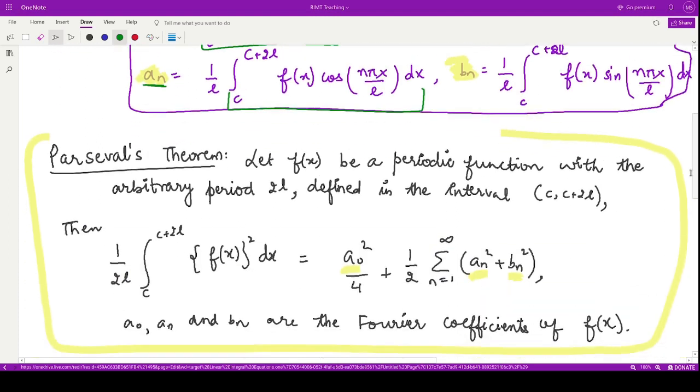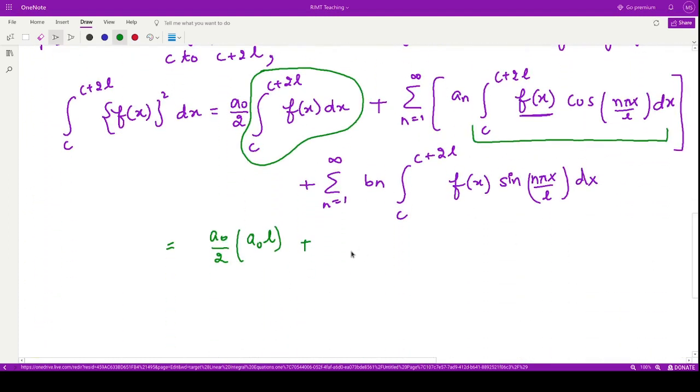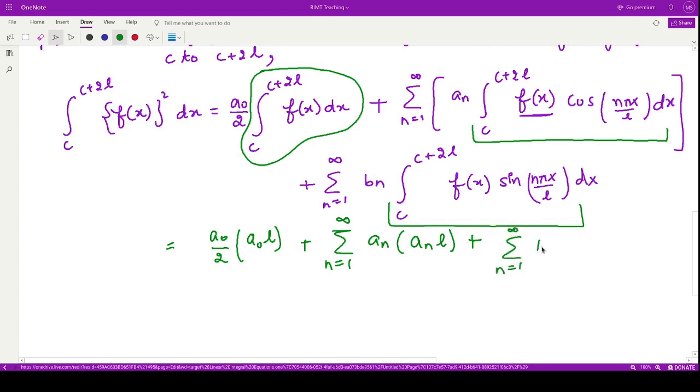So we have this term as summation n varies from 1 to infinity of an, and instead of this we are writing an into l, plus similarly for this term we would have bn into l. So it would be summation n varies from 1 to infinity bn into l.